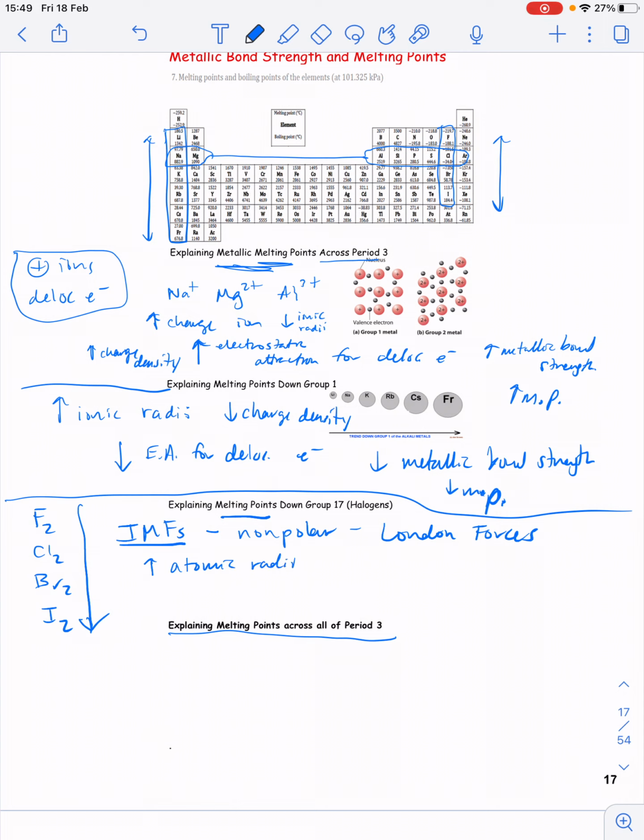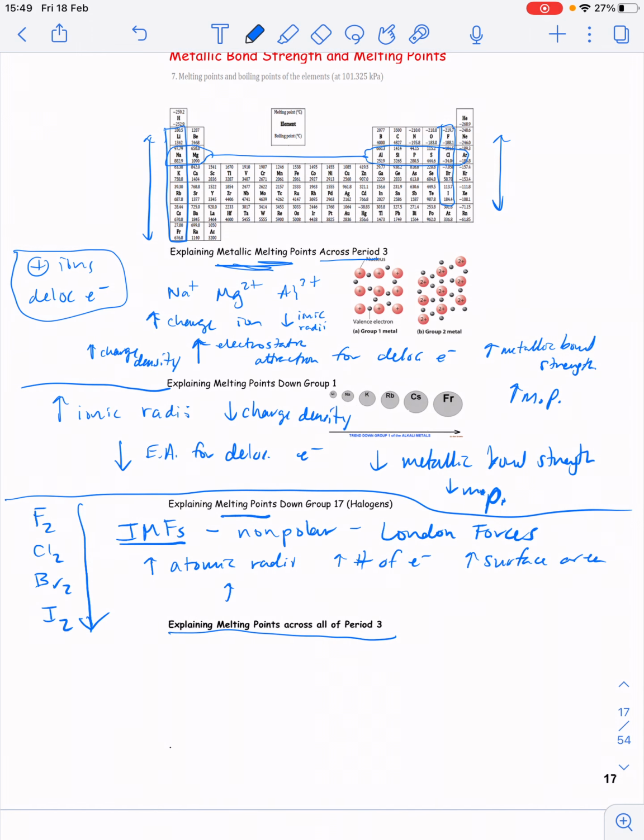The atoms involved in the molecules are getting bigger. We're increasing the number of electrons, and we're increasing the surface area. And all of those things lead to an increase in the strength of the London forces. And if London forces go up, we're going to have an increase in melting point.